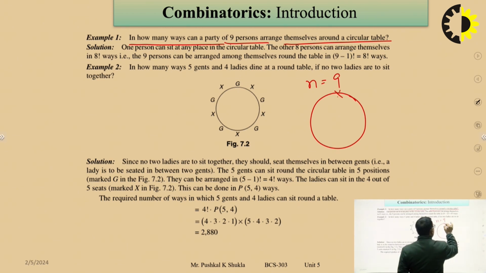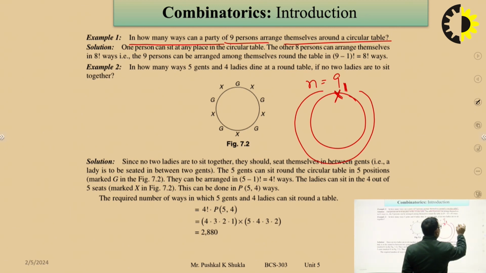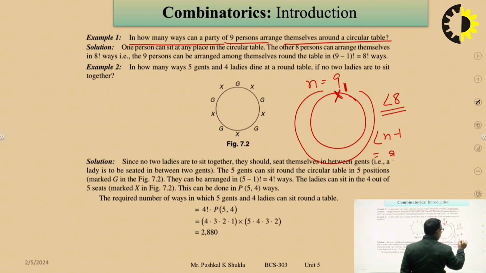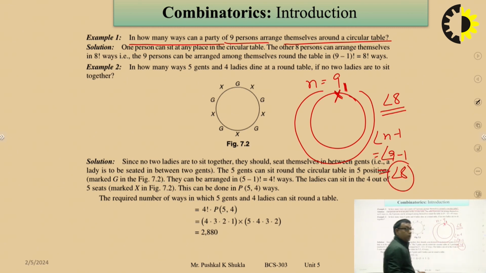So fix one person at this position, and the rest 8 persons can be arranged in factorial 8 ways. So factorial n minus 1, that is 9 minus 1, equal to factorial 8 ways we can arrange 9 persons in a circular fashion.